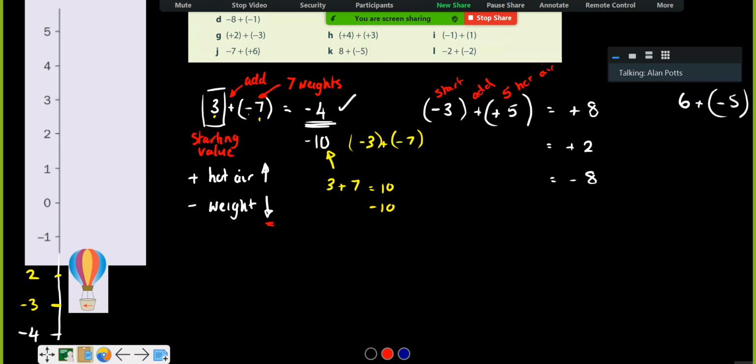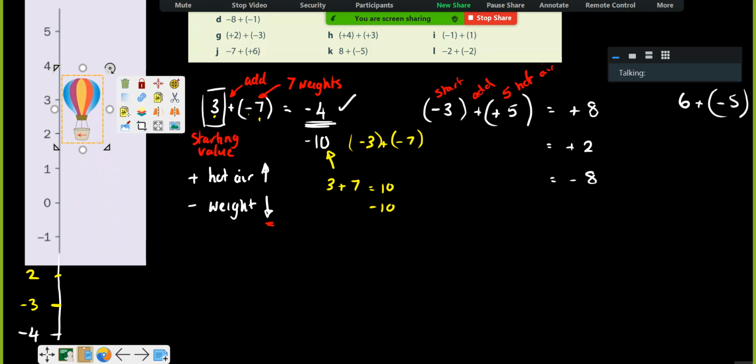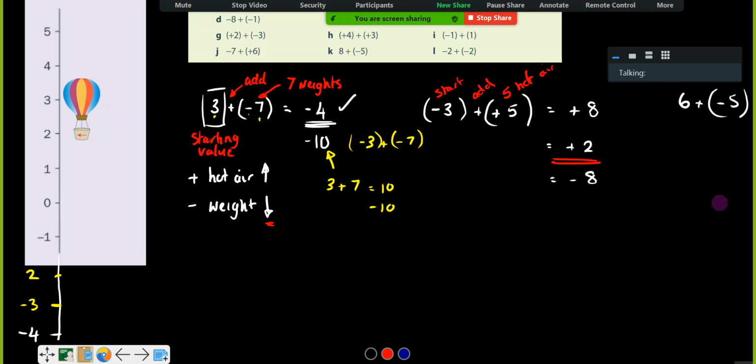Exactly. So I start at -3. Adding hot air sends me up 5 spaces. So that would take me 1, 2, 3, 4, 5. Okay. So yes. Which one was correct? This one here. Okay. All right.